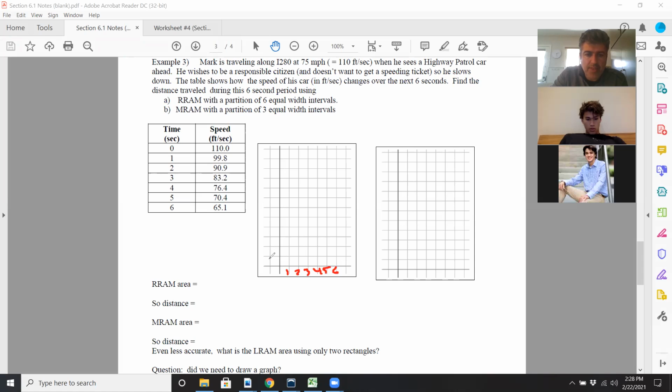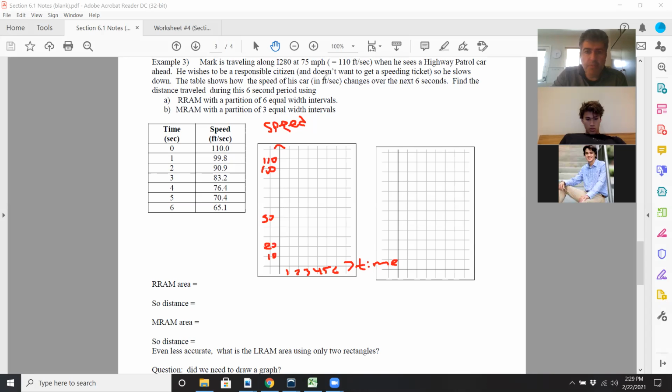I'll probably do tens on the speed axis, and this is time. That's 20, 30, 40, 50, 60, 70, 80, 90, 100, and then 110.